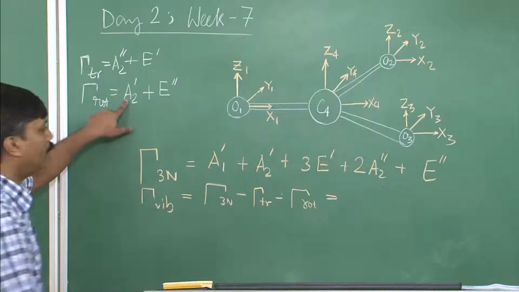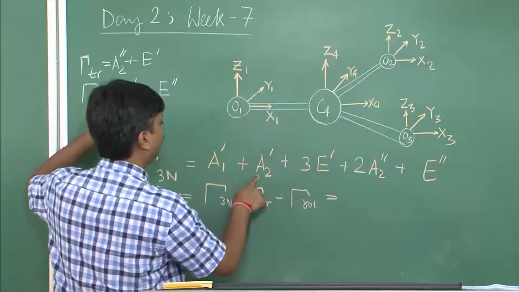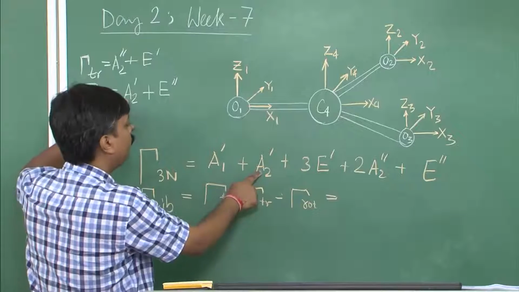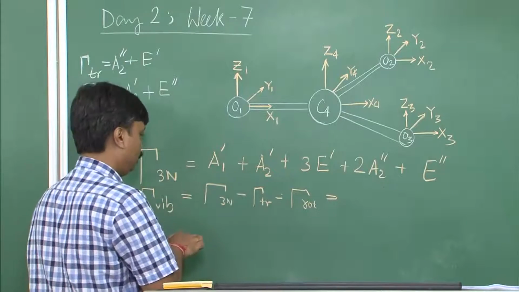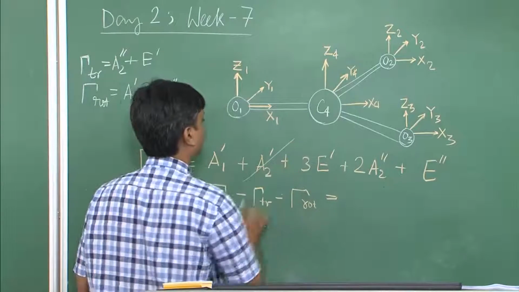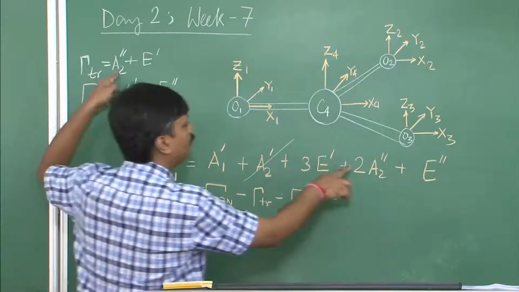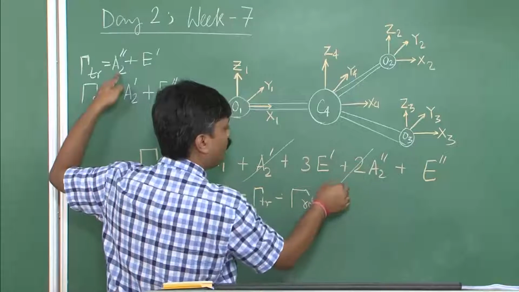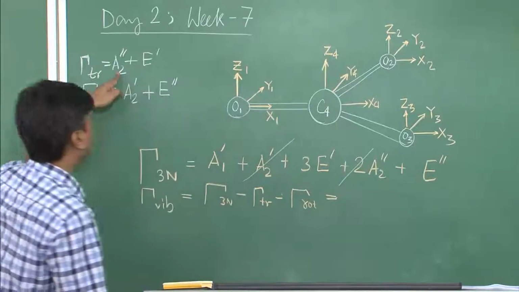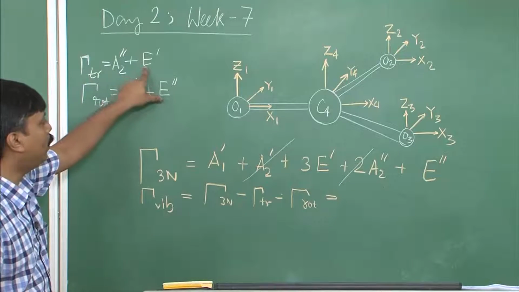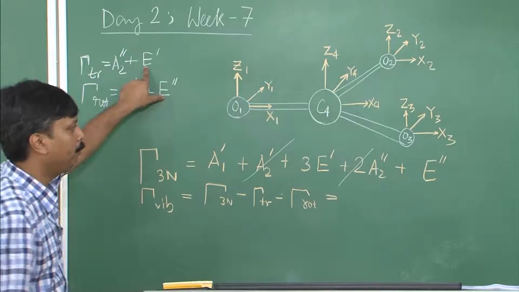So what do I have here? I have one A2 prime here, correct? So if I remove A2 prime from this list, let me strike it out. Then A2 double prime: I have two A2 double prime, so I will strike one of them. I still have one A2 double prime, and then one E prime and one E double prime from this list.